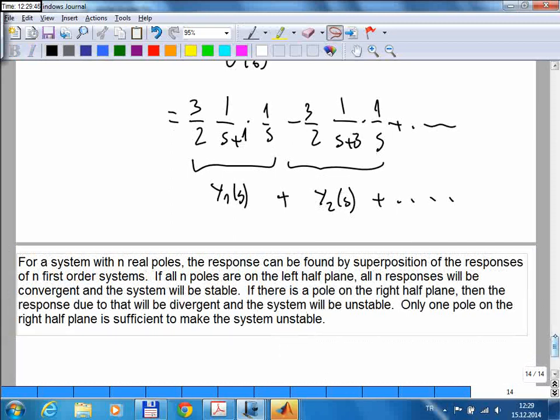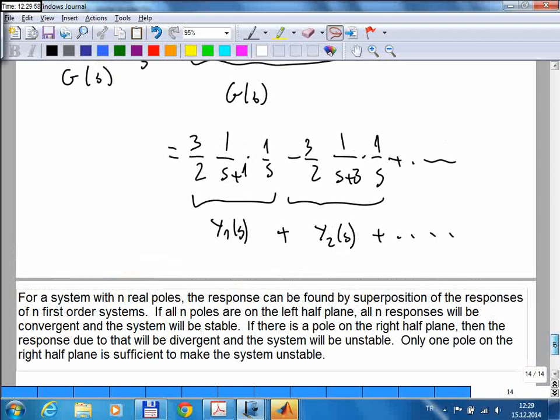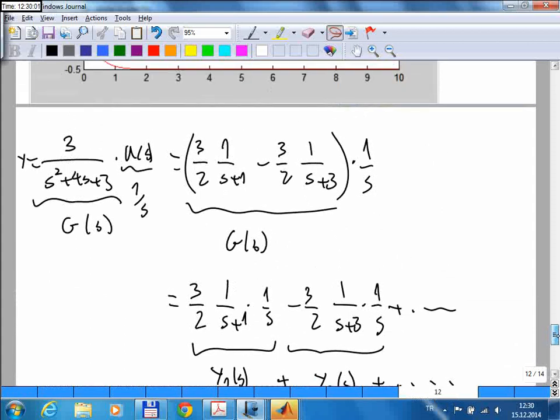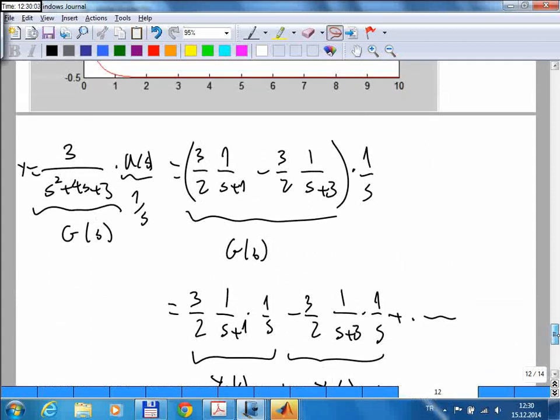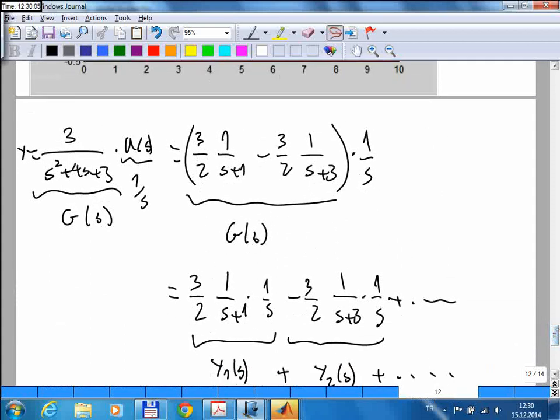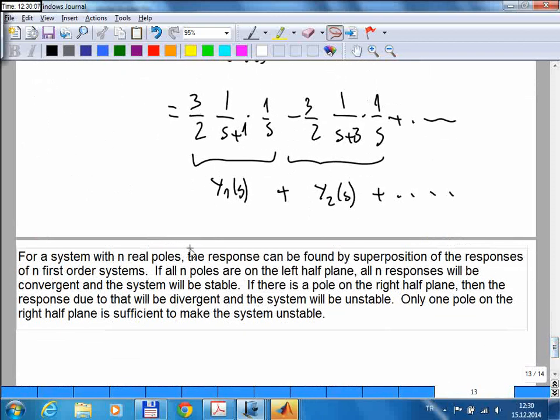Okay. So as I said, what we did here is nothing new. We already did this several times before, taking the partial fraction expansion and then the inverse Laplace transformation. That's why I really didn't spend too much time here. But you can easily convince yourself that if you have an nth order system with n real poles, then this statement is true.